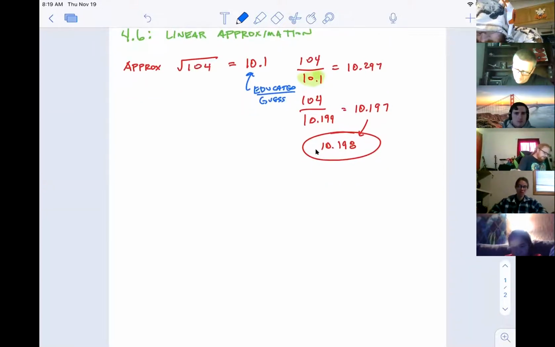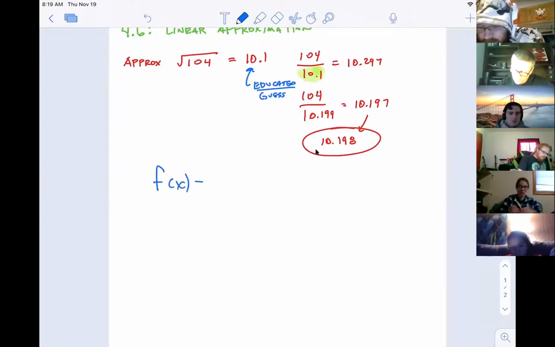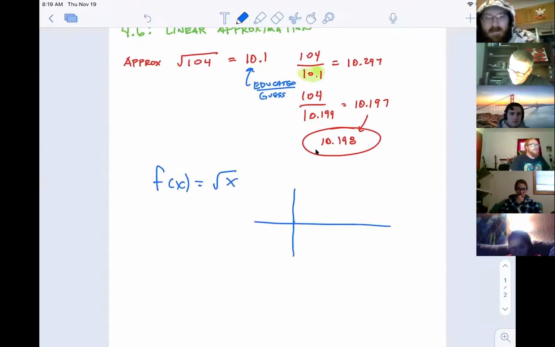So let's consider then, well, we're taking the square root of a number. And so let's consider the equation, the square root of x. And so you roughly know what the square root of x looks like. Get it on Desmos or on your calculator if you want, but that's what a square root graph kind of looks like.